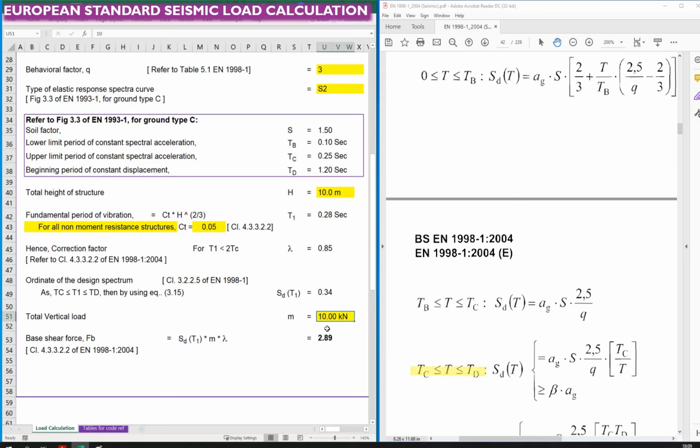Likewise, the total vertical load we need to consider for our calculation. But in this sample calculation, I am considering 10 kilonewton, just a tentative value.